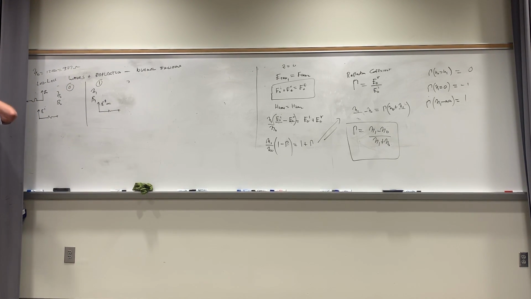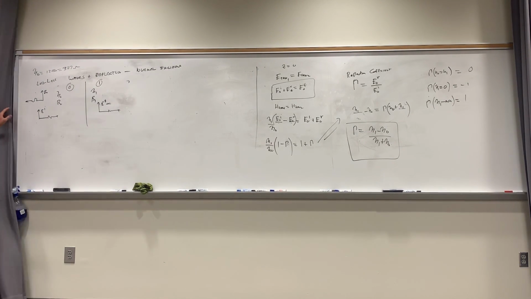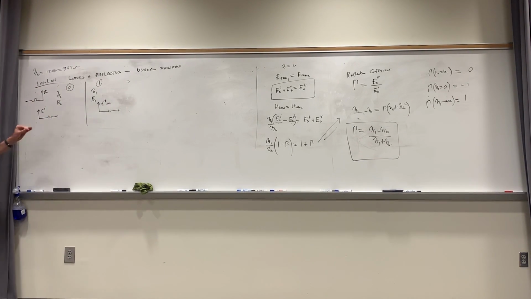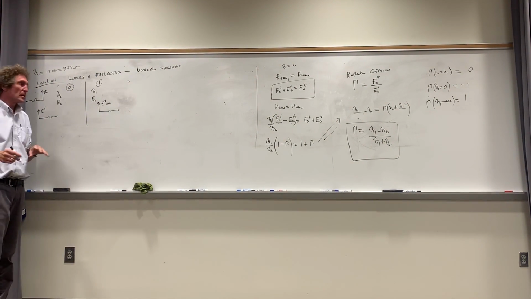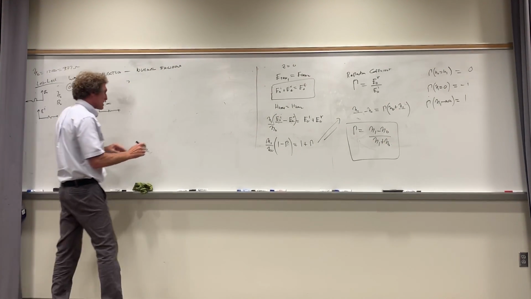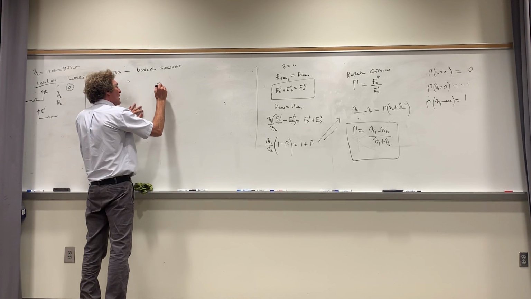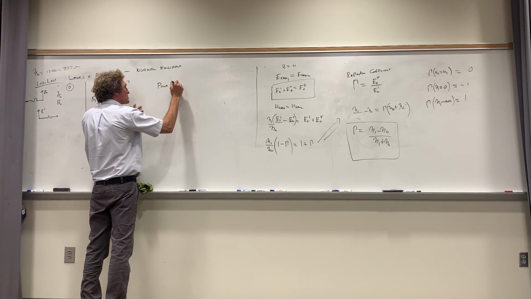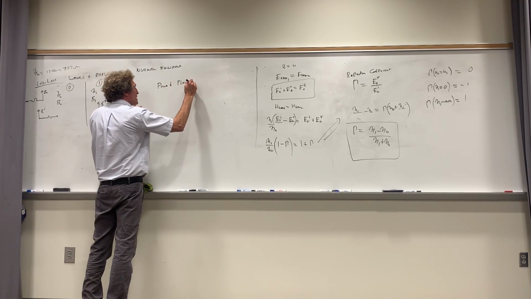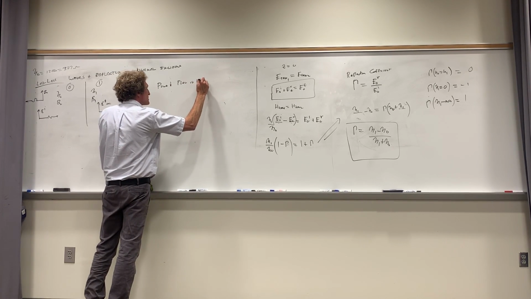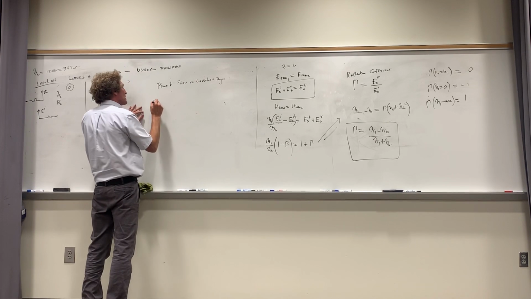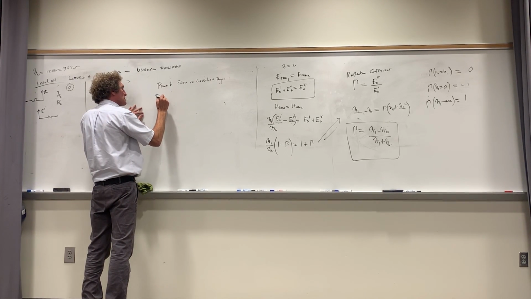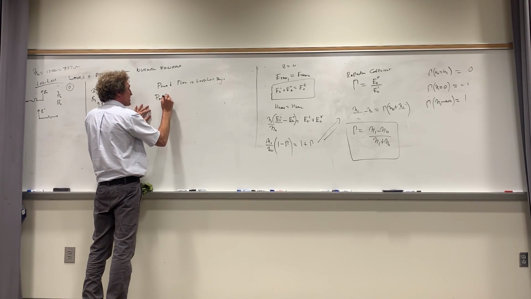I want you to listen to me. First, this is a lossless region. I'm assuming it's lossless. Power flow in a lossless region, please write this down. This is going to be power flow in a lossless region. This is actually power density.